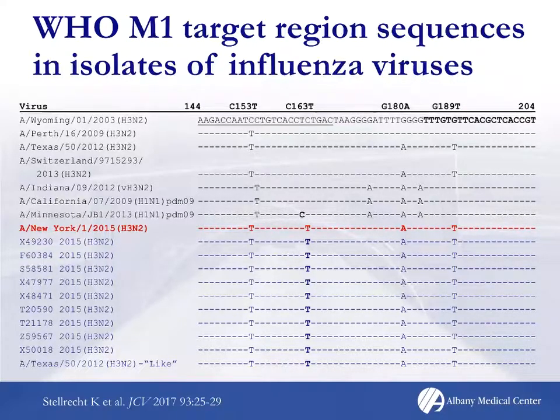We sequenced 9 more of our samples and saw identical results. We pulled from GenBank the Texas 50 2012 and the Swiss strain that was the emerging strain, and aligned them.